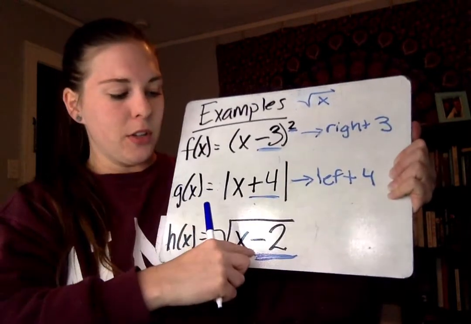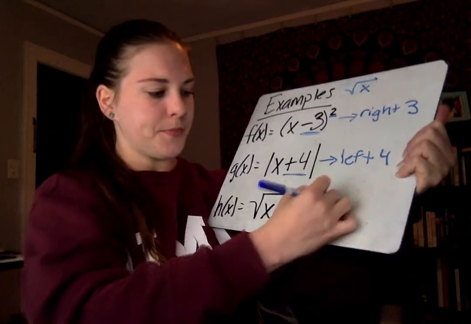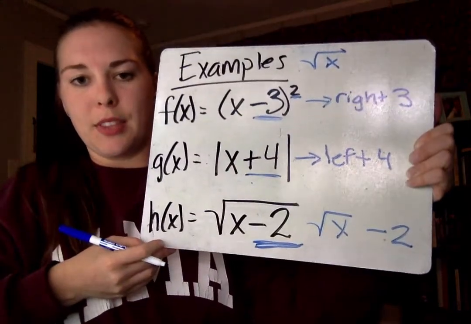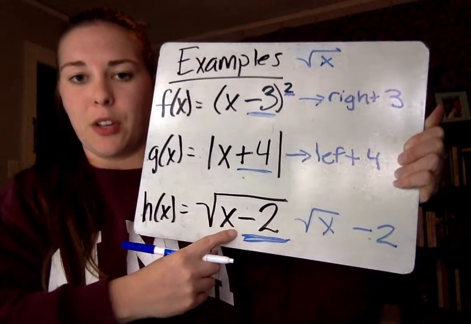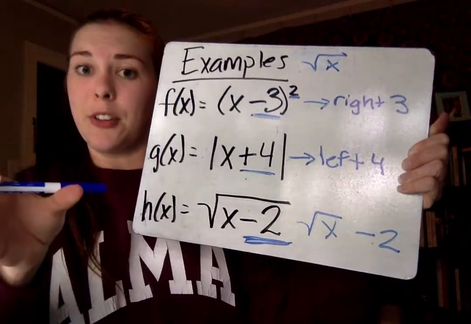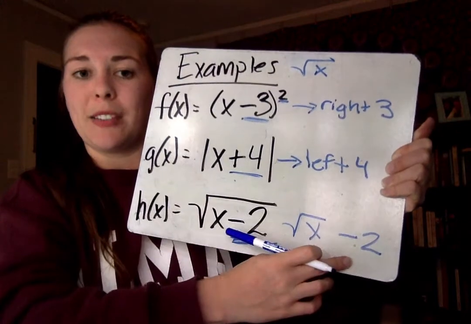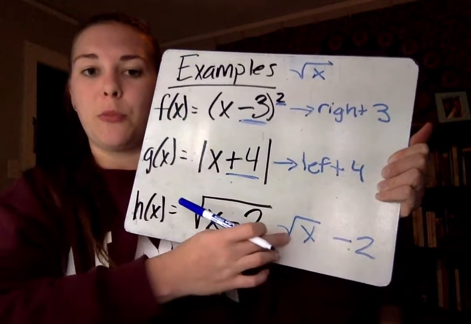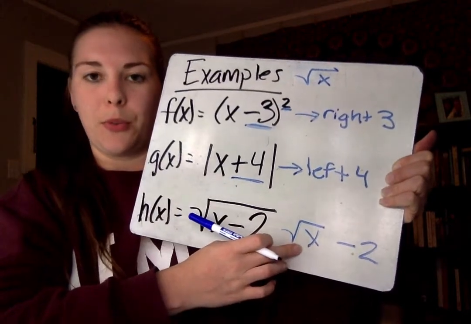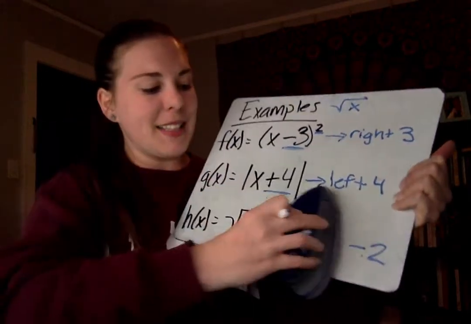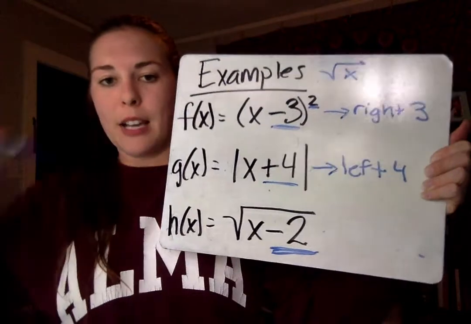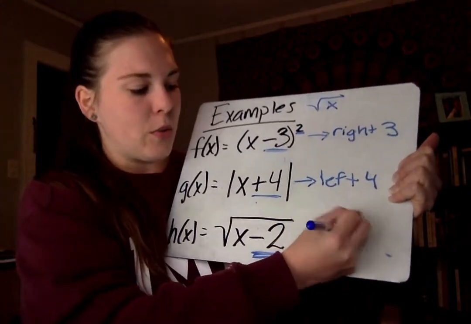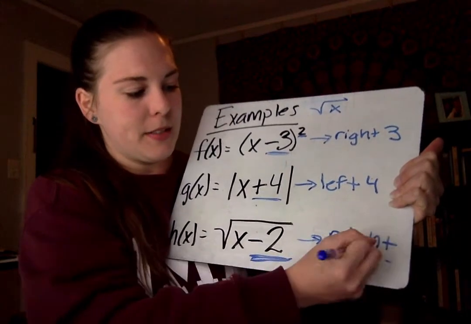So be careful, this and this are two different things. In this one, the -2 is underneath the square root, being inside the function. In this one, the -2 is outside the function. This would actually be vertical, or up and down, motion because it's not under the square root. But since it is under the square root, we have horizontal shifting, and since it's minus, we know that means right. So we are going right 2.